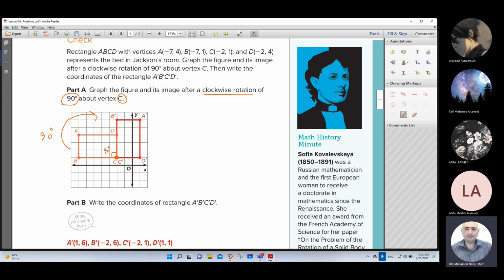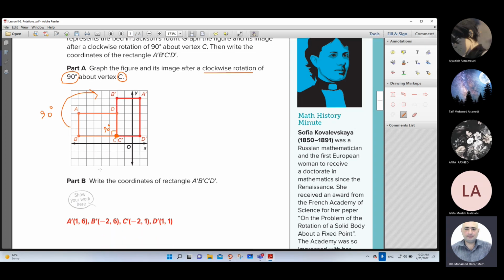Use the same idea for BA and AD and DC. You will get B prime, A prime, A prime, D prime, D prime, C prime. And you will get C prime, B prime, A prime, D prime. This is the image. Then you can write the coordinates of the rectangle A prime, B prime, C prime, D prime.